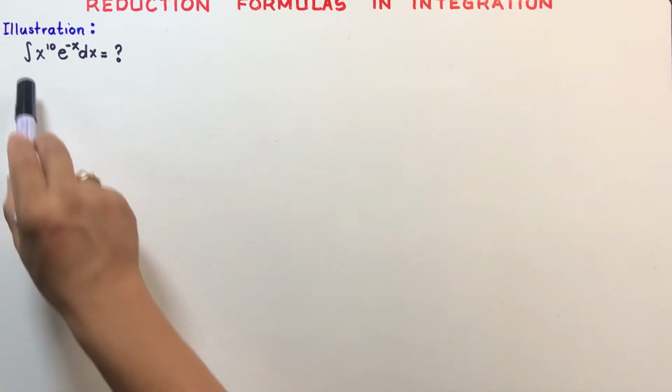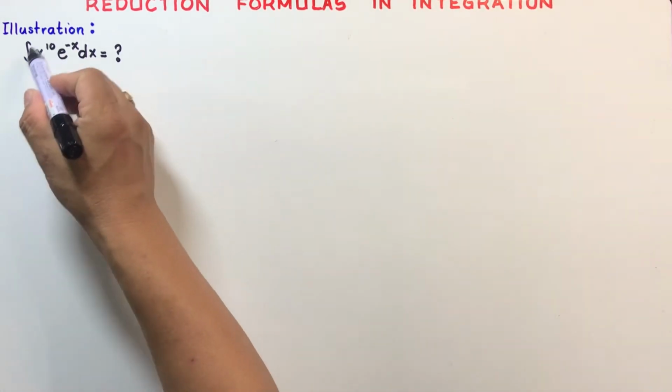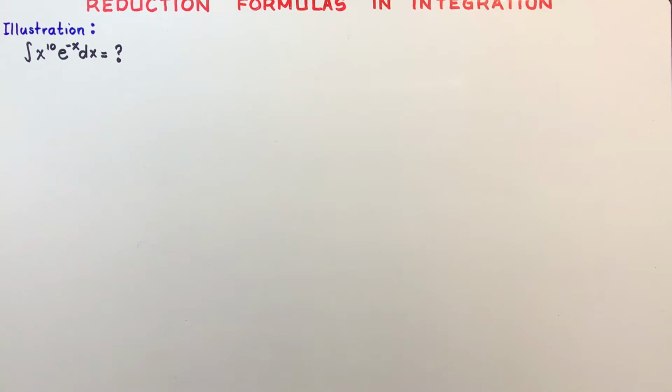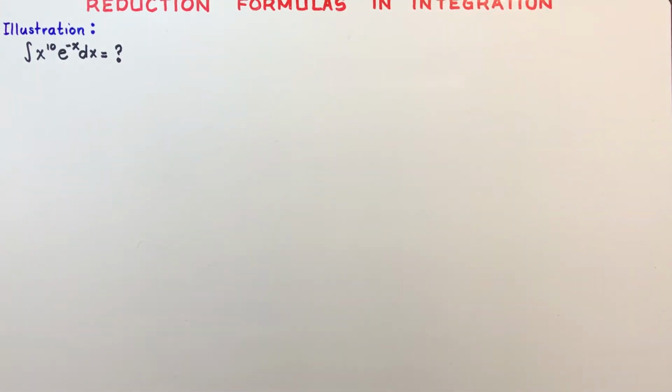Suppose we need to solve the integral of x to the power 10 times e to the negative x dx. This integrand can be solved using integration by parts because this is a product of two functions, the algebraic function which is x to the power 10 and the exponential function which is e to the power negative x.